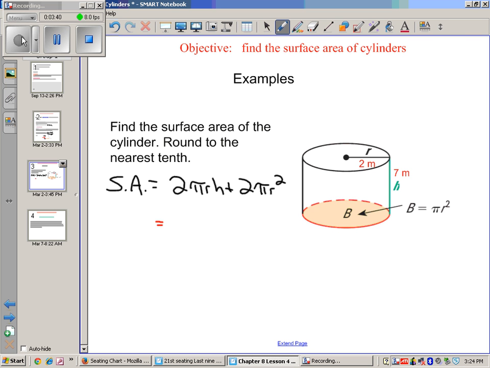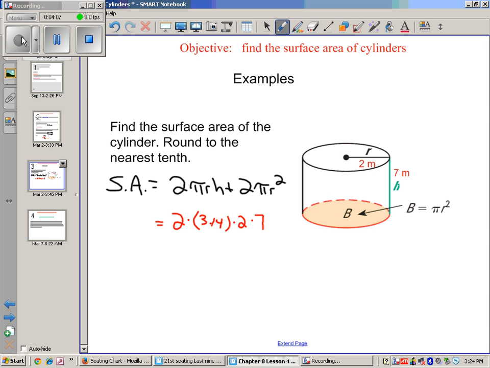In the first part, 2 pi r h, we have no plus signs, no minus signs, no division signs. So when they're all together like that, it means we're going to be multiplying the first part. So we're going to multiply 2 times pi, which is 3.14, times our radius, which is given as 2, times our height, which is 7.